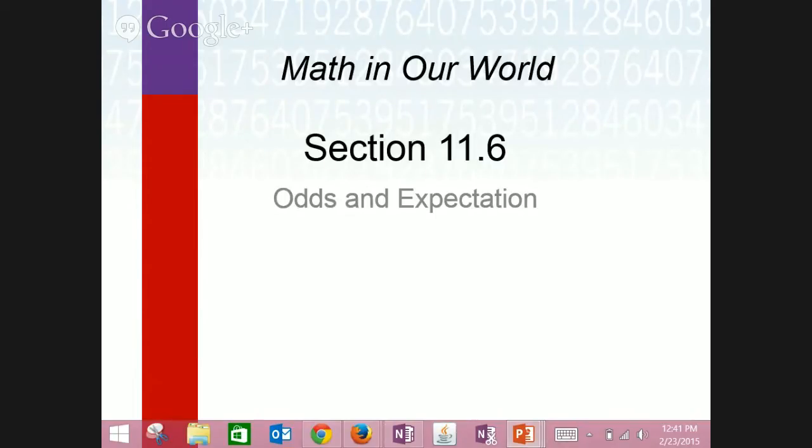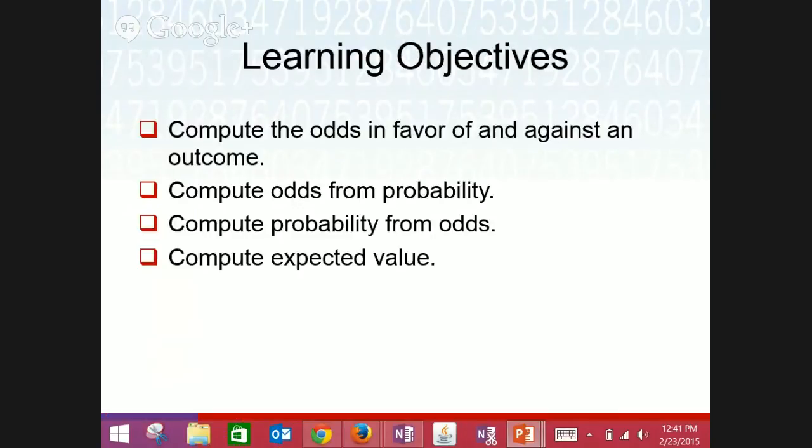Crime statistics are a lot of times published as odds, the odds you'll be a victim of a crime. We're going to look at computing the odds for or against something. So there are keywords, the odds in favor and the odds against. They're going to be very similar, but you have to be very careful about the way it's worded.